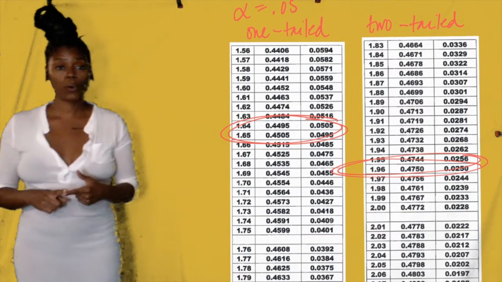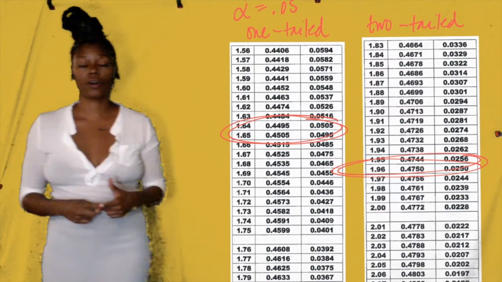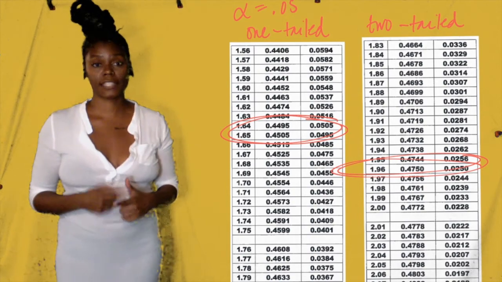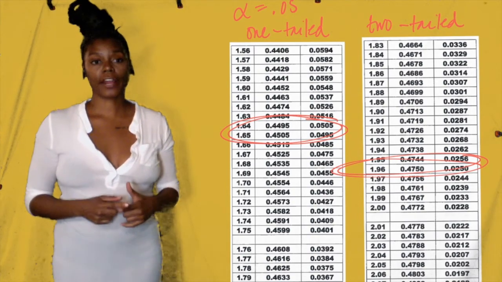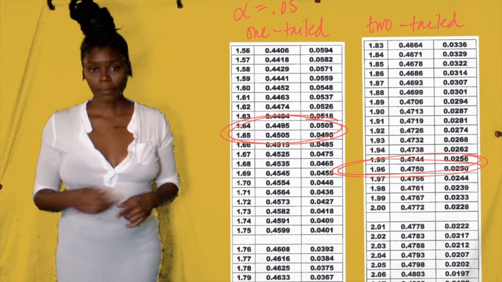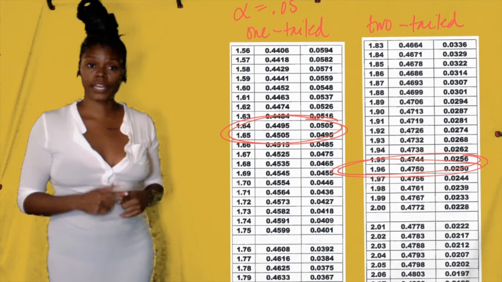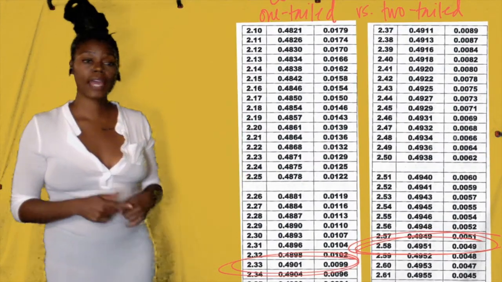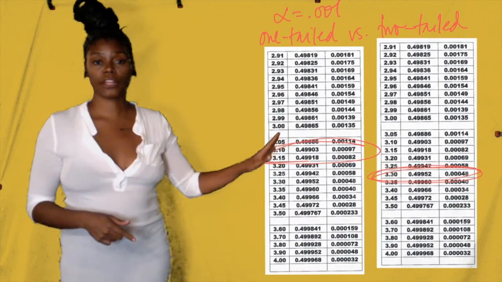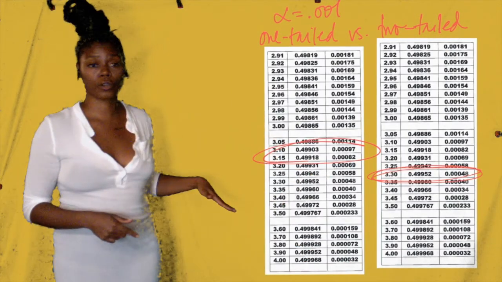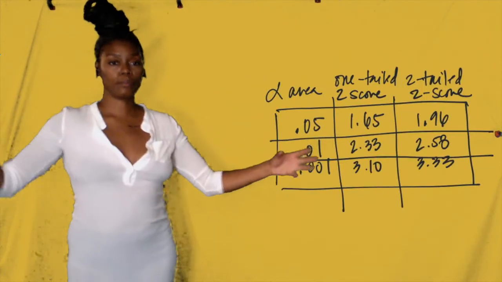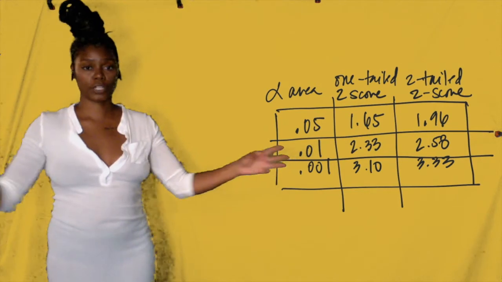1.65, 2.10, and 3.10 are all alpha areas for one-tailed tests, meaning that the area is just from z to infinity. The other 3 are for two-tailed tests, where you take the alpha area and you divide it by 2 to find it in the chart, the corresponding critical value of z, because you're splitting that area onto both sides of the normal distribution, because it's a two-tailed test.